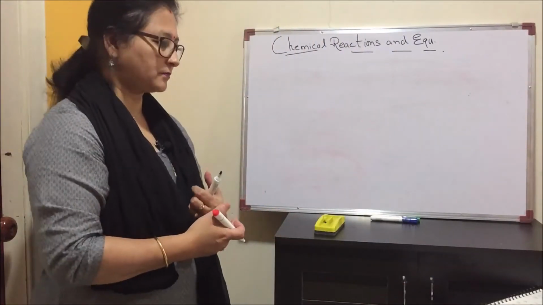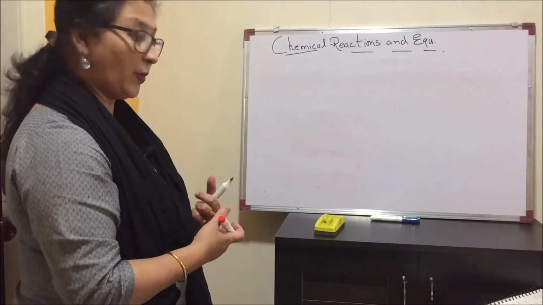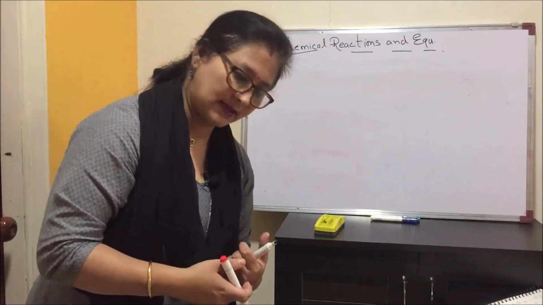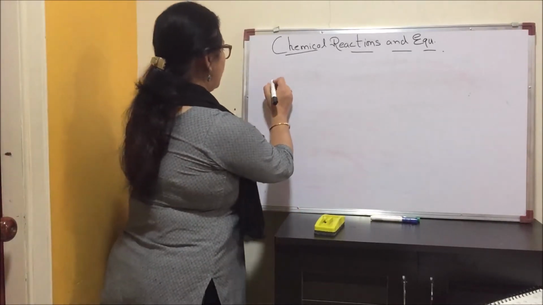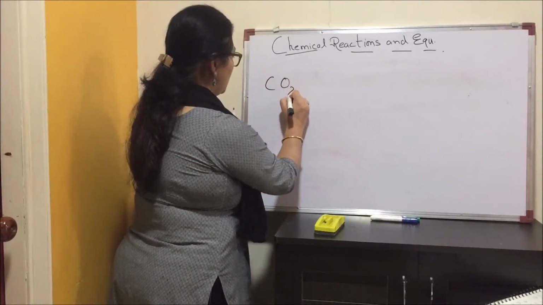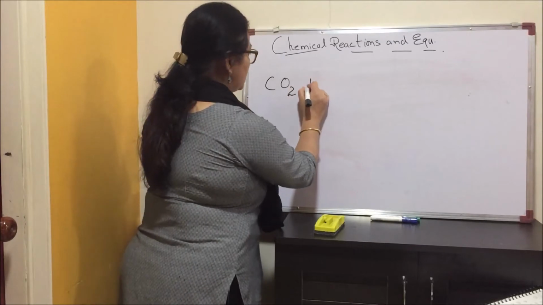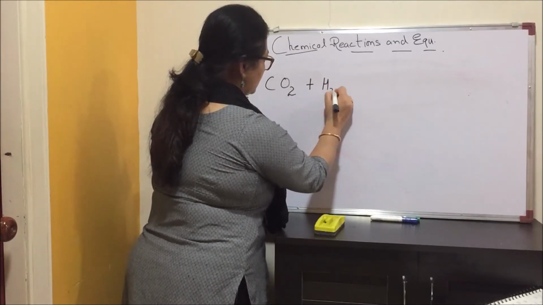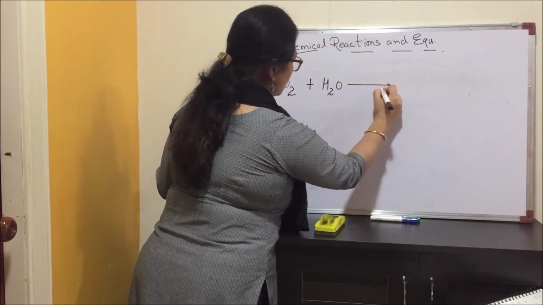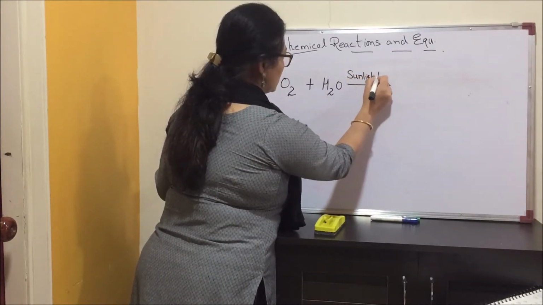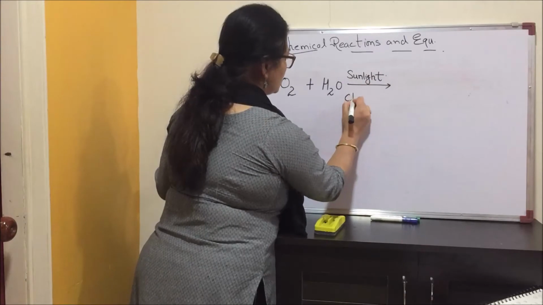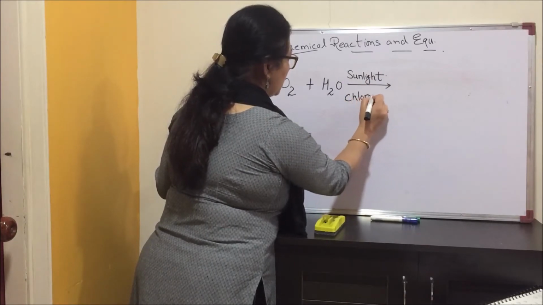Okay students, the next equation is about photosynthesis, and what we do in photosynthesis, it is carbon dioxide. Okay, carbon dioxide plus water in presence of sunlight and chlorophyll.